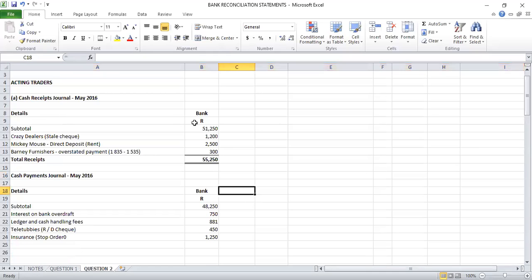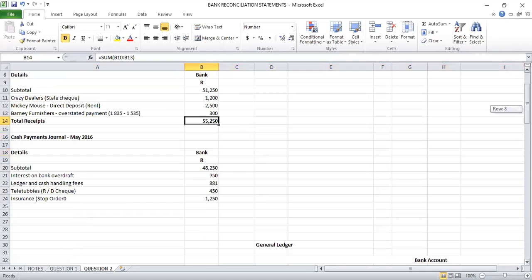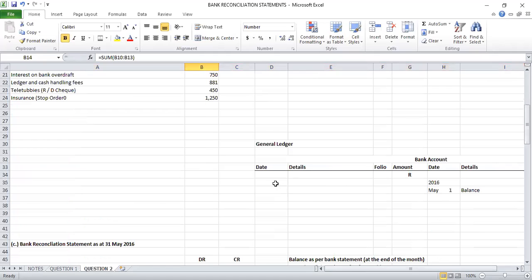These total receipts will then go to the bank account on the debit side.